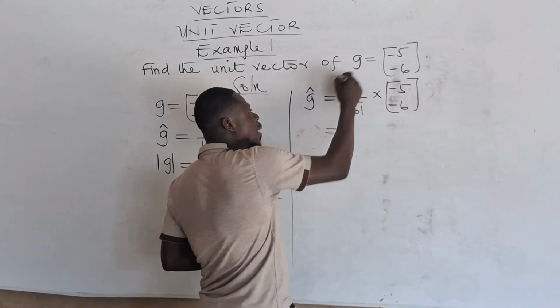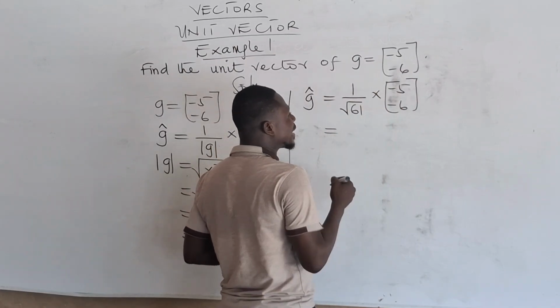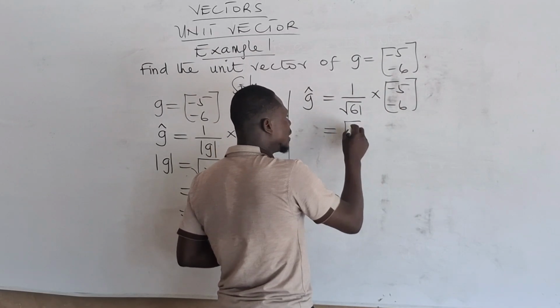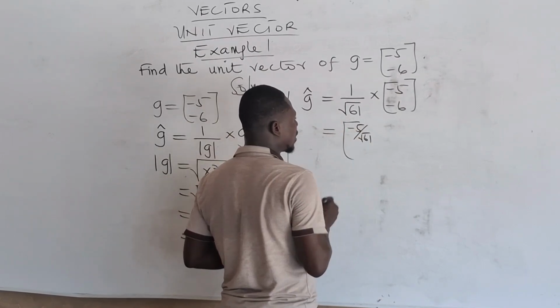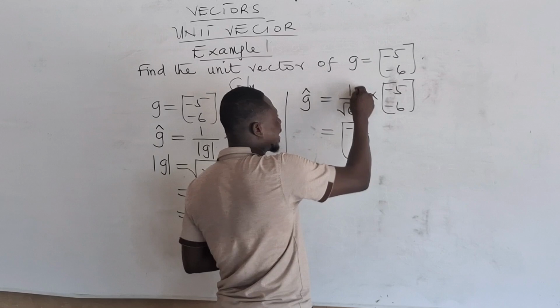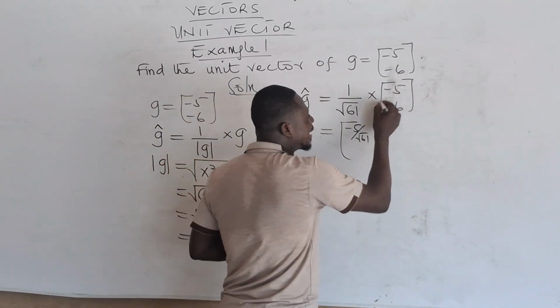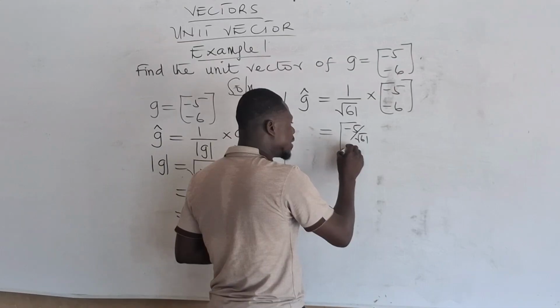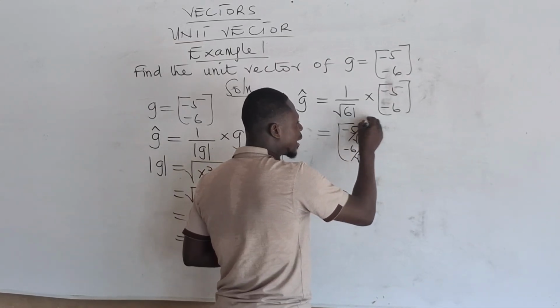So multiplying 1 on the square root of 61 by -5 will give us -5 on the square root of 61. And then multiplying 1 on the square root of 61 by negative 6 will give us negative 6 on the square root of 61.